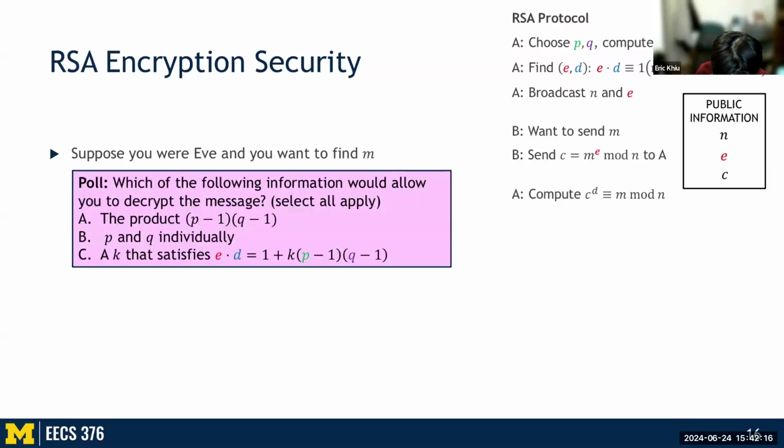Suppose that you have access to one of these pieces of information. Which of them, or could be more than one of them, would allow you to decrypt the message? I'm going to open up a poll, and you can think about it and vote here.